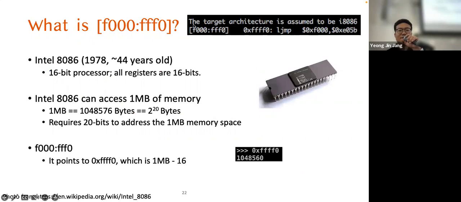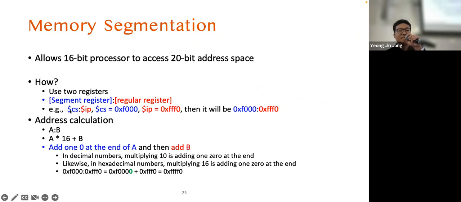Right now we have a code address, and the code segment is stored in the CS register. The CS register value is F000, and the instruction pointer, the address we are executing code from, is FFF0.